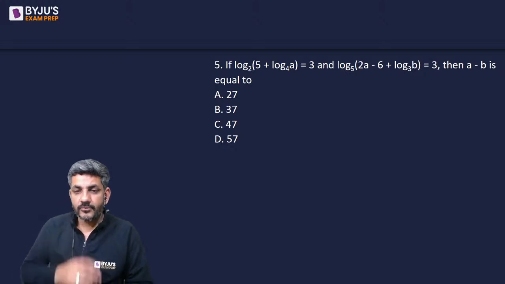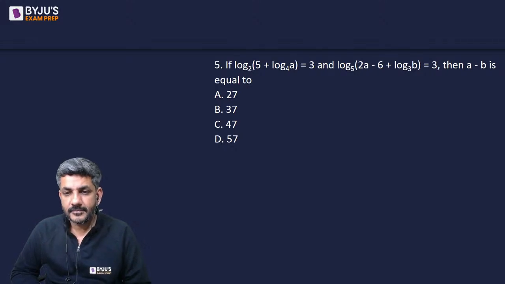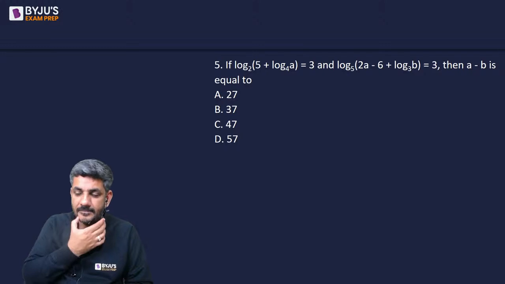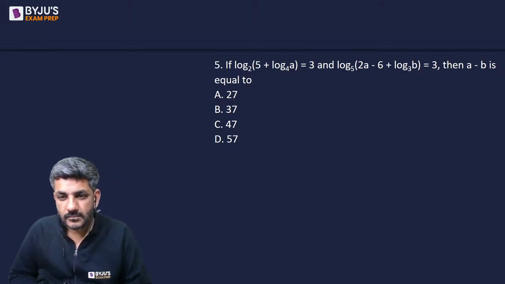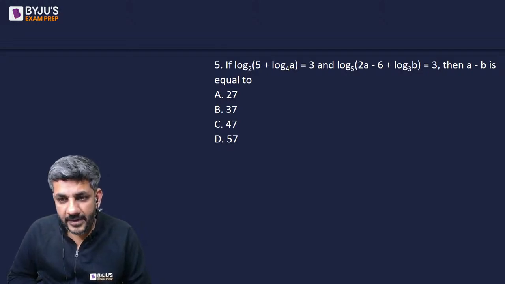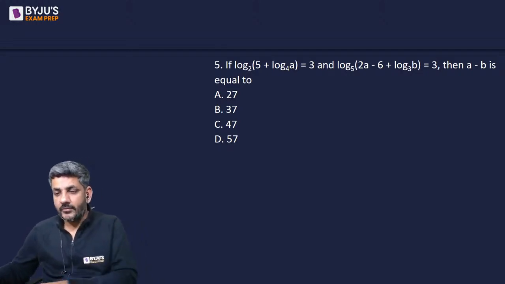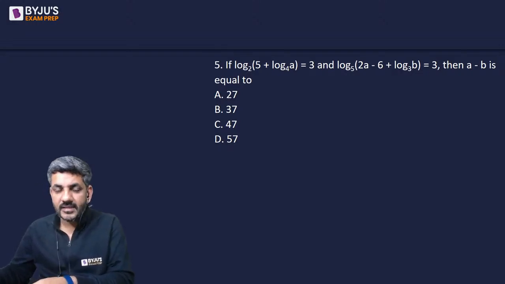Music Core has got B. Purushottam has got 37, which is B again. Priyaga also has got B, so I think we can start doing it now. We got three answers, all three are B. Looks like B is the right answer then.